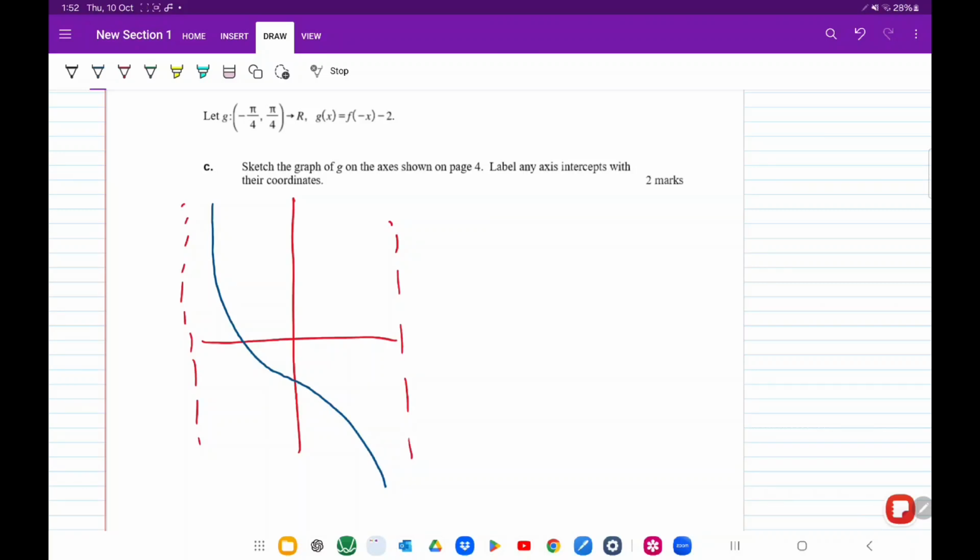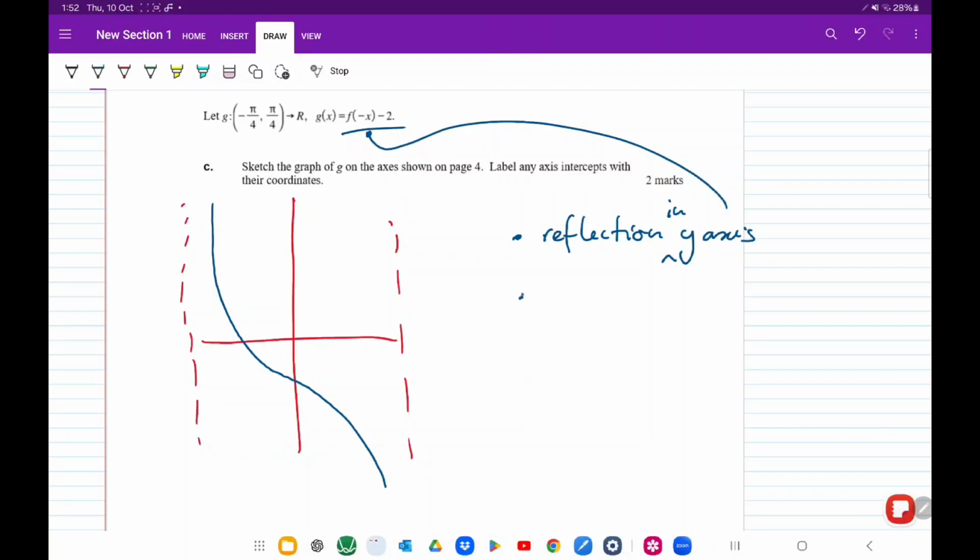Now, what's happening with this tan graph? I can see that there is a reflection in the y-axis. How do I know it's the y-axis? Because we're affecting the x in this case. And then there is a translation of 2 units down.